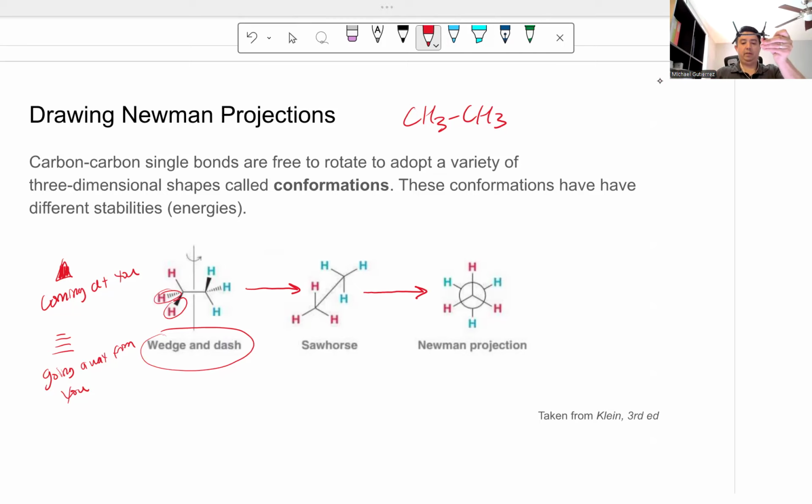We're starting here, and I rotate a little bit, that's like our sawhorse, and then I rotate it completely, and now you're looking at the compound head on from this direction. And that's what gets us to a Newman projection: we're imagining rotating it from a side-on look to a head-on look. Okay, so let's look at how we draw Newman projections.